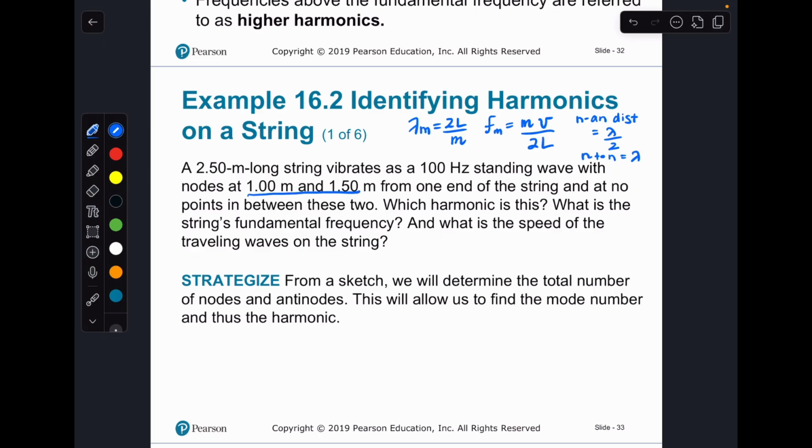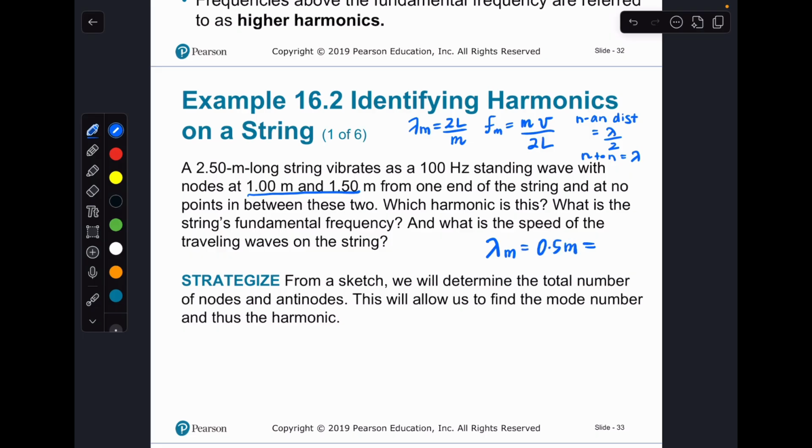So if we have adjacent nodes at basically half a meter apart, we know that the wavelength of that standing wave is half a meter. But we don't know what mode that is, right?